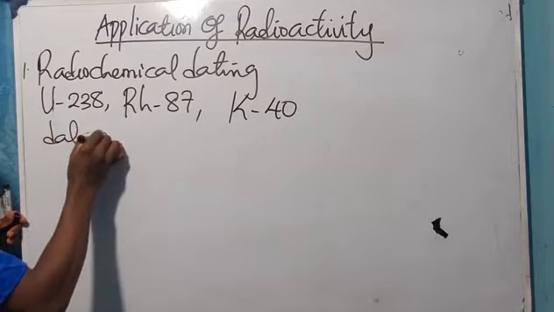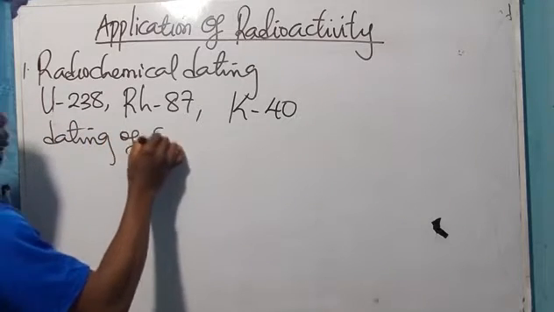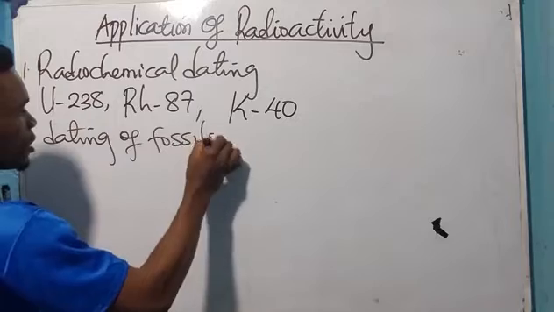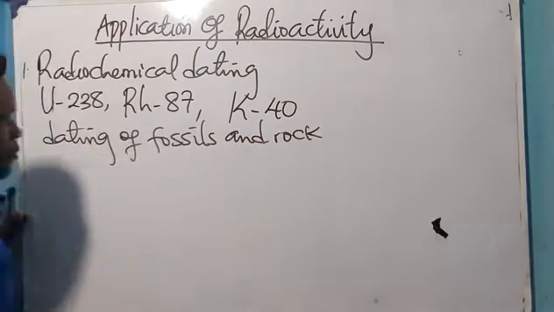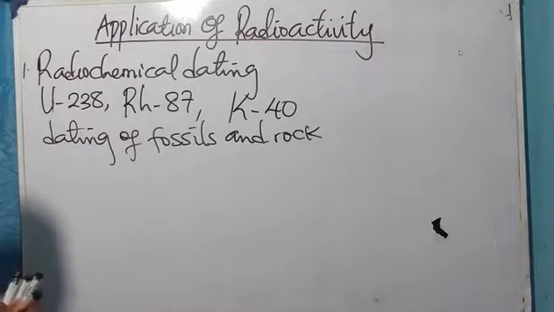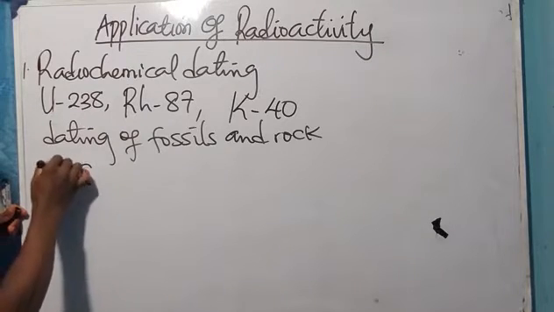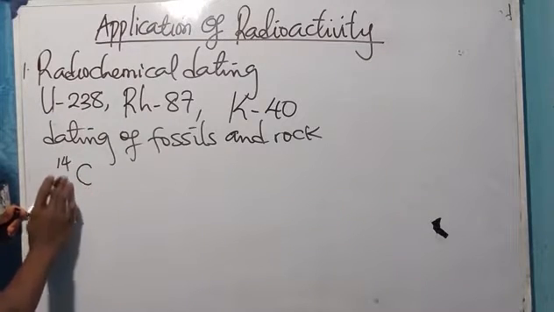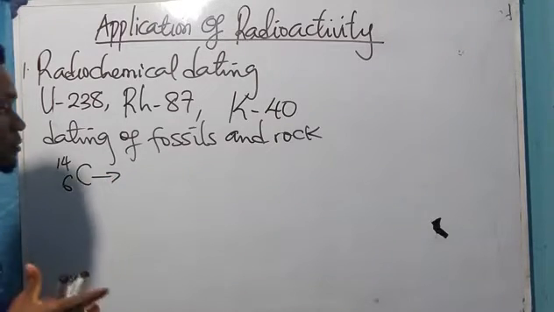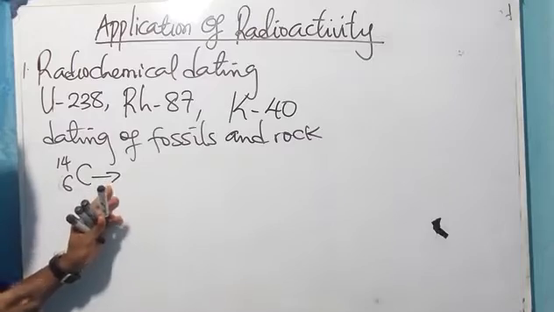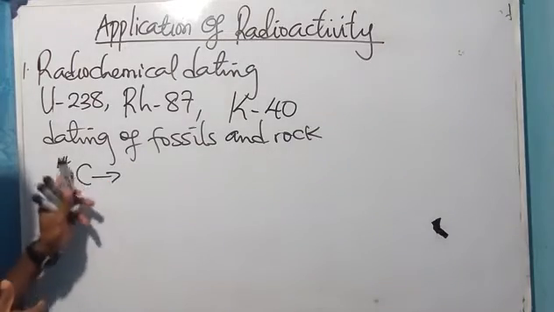Uranium 238, rubidium 87 and potassium 40 are used as what? Dating of fossils and rocks. You know, carbon 14 is what plants need. They make use of carbon 14.